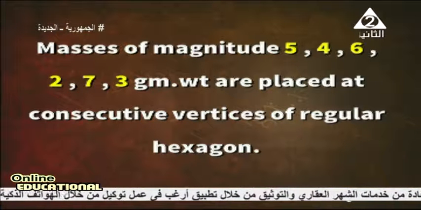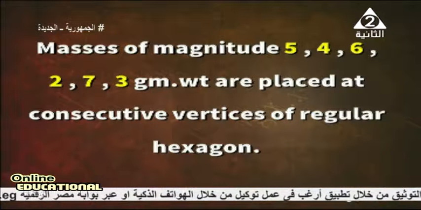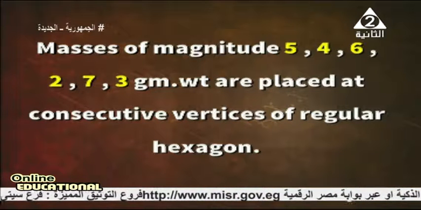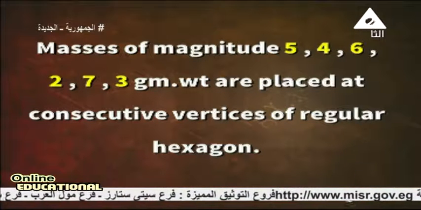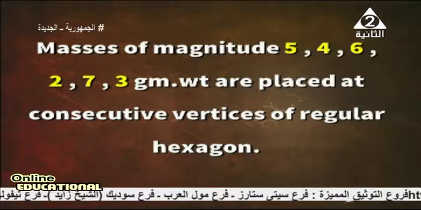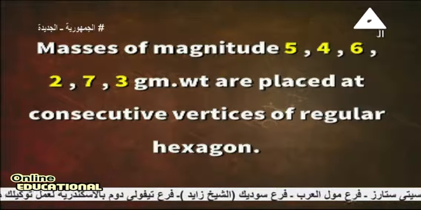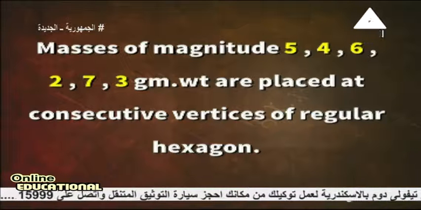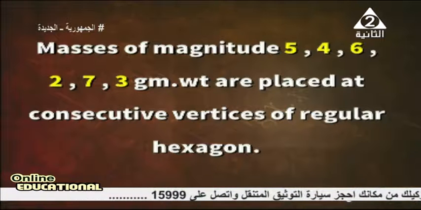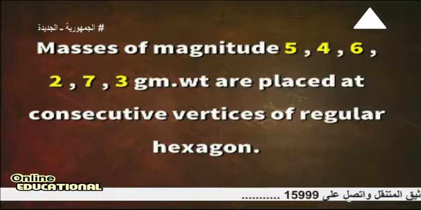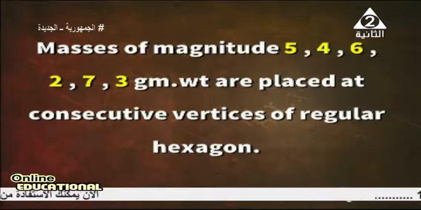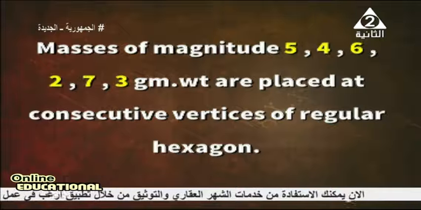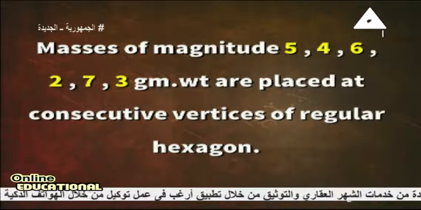We know, my dear student, that a regular hexagon has 6 sides equal in length and 6 angles, each one equal to what? 120 degrees. And we know the center of gravity of a regular hexagon is the intersection point of the diagonals.